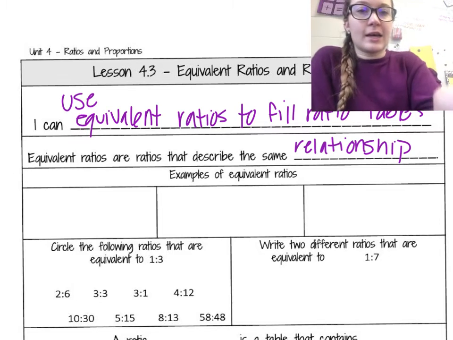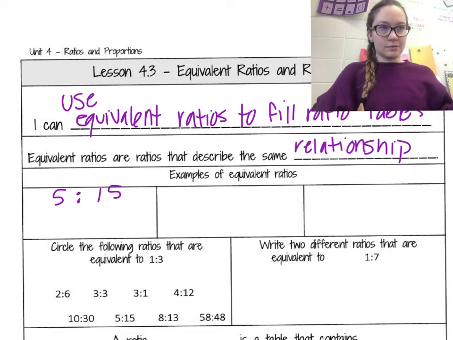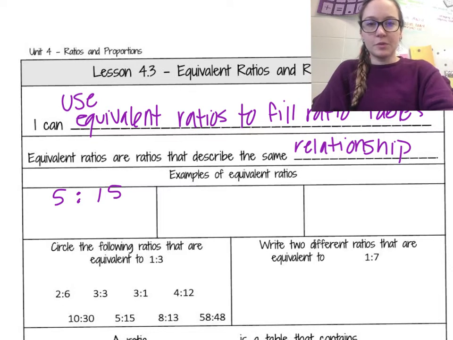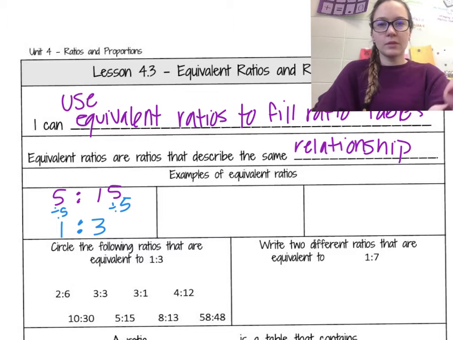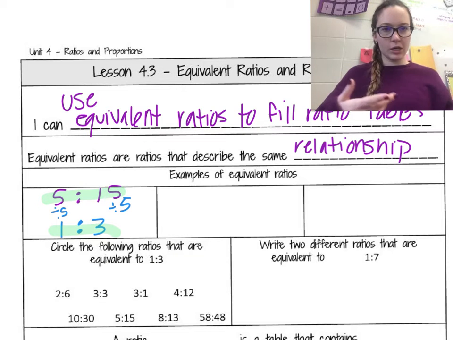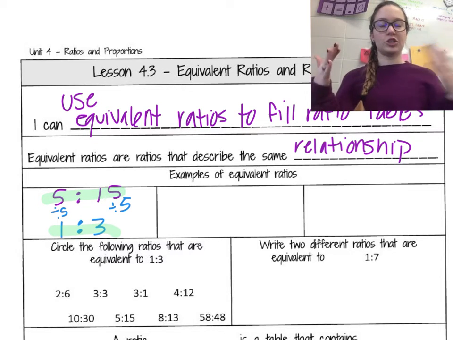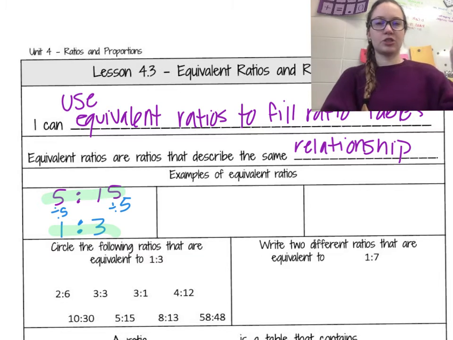So let's say I have 5 to 15. I can reduce both of those by dividing by 5 and get the ratio. 5 divided by 5 is 1, 15 divided by 5 is 3. So that means 5 to 15 and 1 to 3, those are equivalent. I changed both sides by the same amount. It's describing the same relationship.